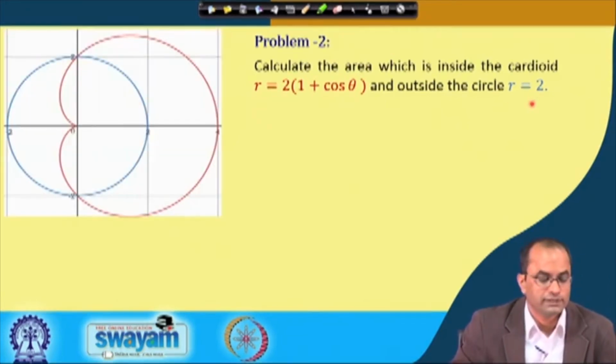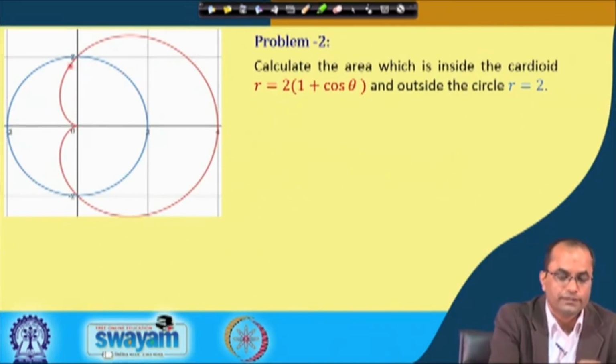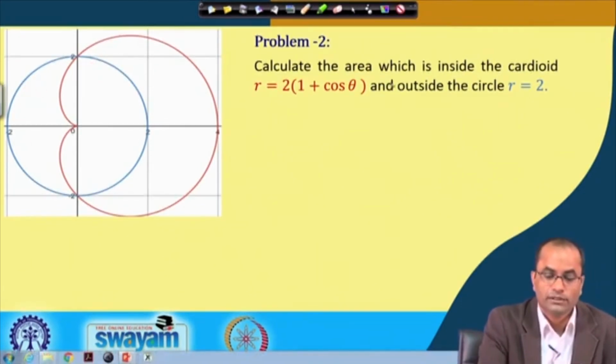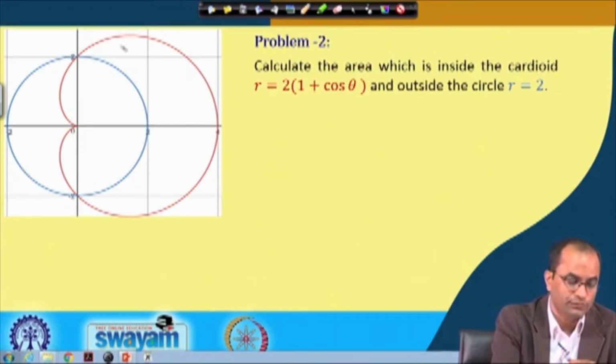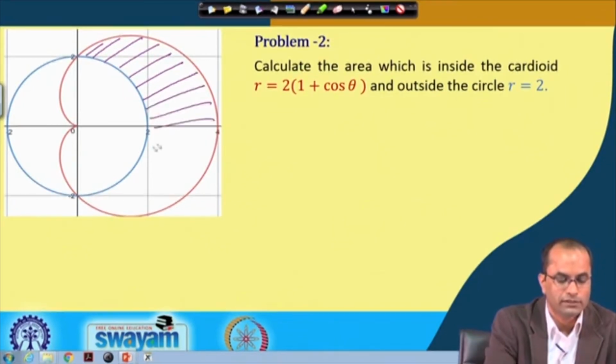So, in this case we have this cardioid, and then we have the circle here of radius 2, and what is asked here is the region inside the cardioid and outside the circle r is equal to 2. So, that means we are talking about this here, outside the circle and inside this cardioid.